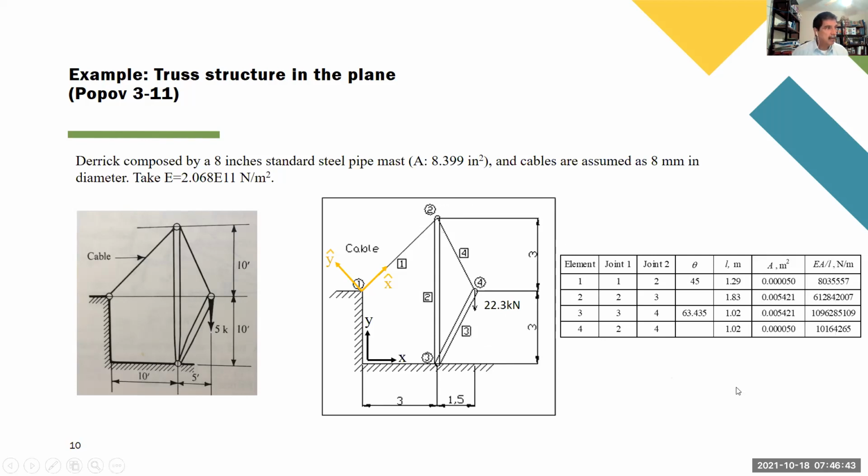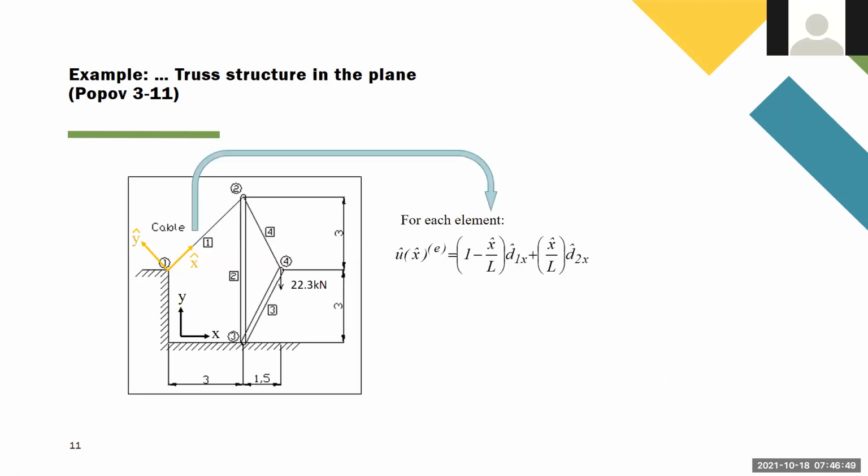Okay, people, can I go on? So for each element, we do this. But we have to remember that this is the local reference system. For this element, this section moves in a local x direction. This is U local.